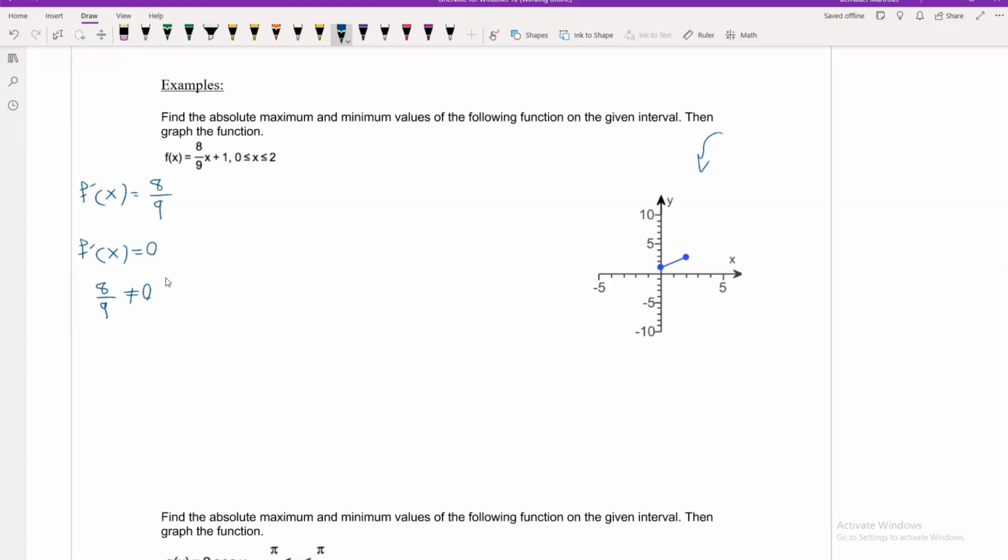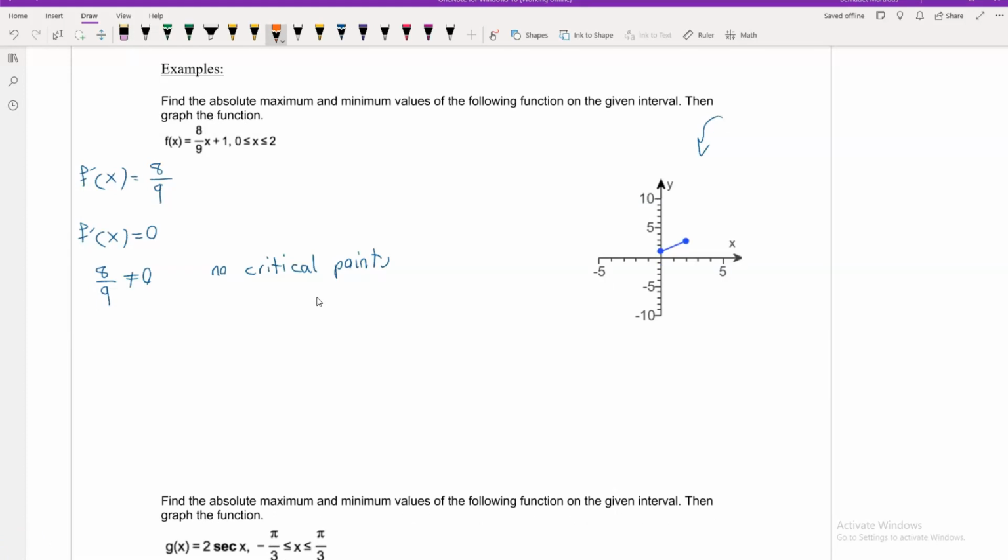So this means there are no critical points. Next step, we have to evaluate f at critical points and endpoints. In this case, we don't have critical points, and now we have to use endpoints 0 and 2, and evaluate f.